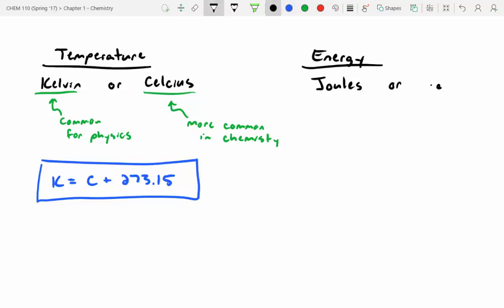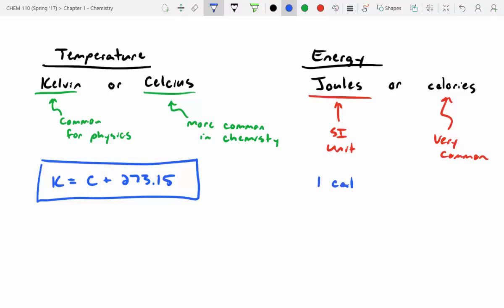And actually, let's be careful to make this a little c, and I'll explain why. So joules are the SI unit. However, like I said, calories are really common even in chemistry, and just on food products in general. There are some conversion factors though.